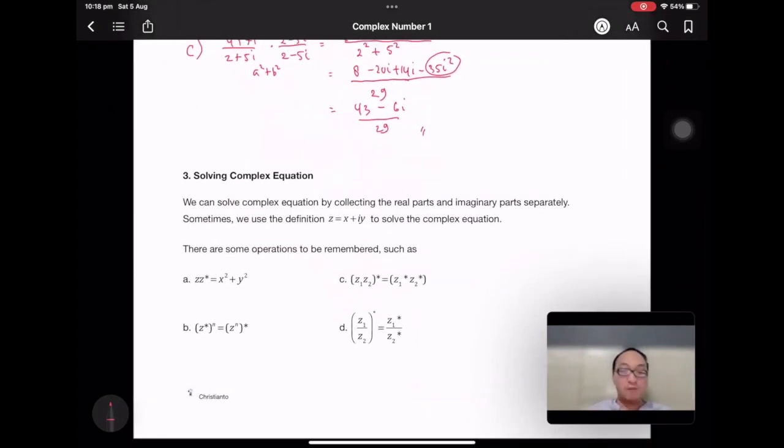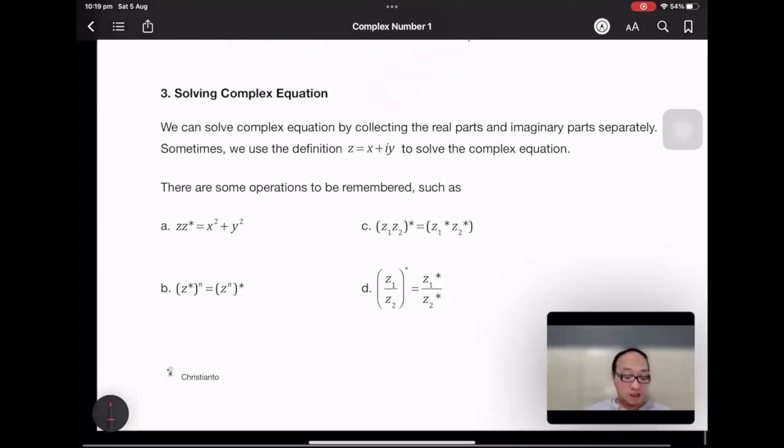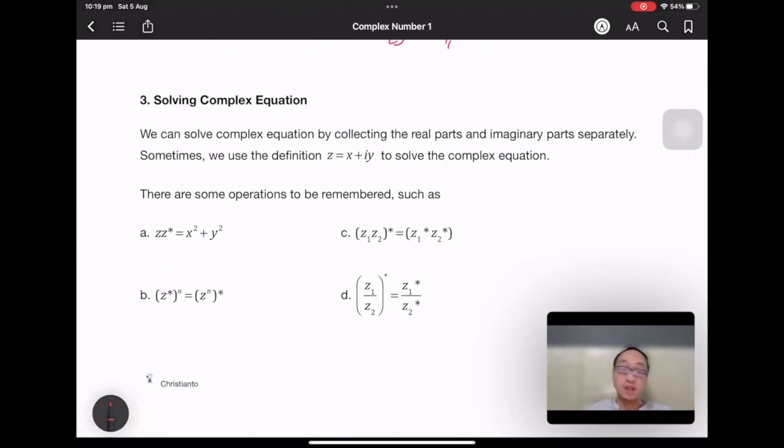Solving complex equations. We can solve a complex equation by collecting the real parts and the imaginary parts separately, as we did before in addition, subtraction, multiplication, and also division. But there are some operations that we have to remember. If you multiply a z with its conjugate, as we have before, it will be a real number only.